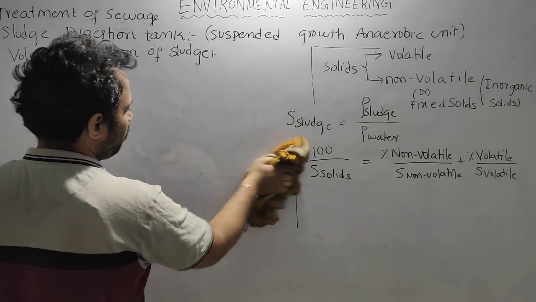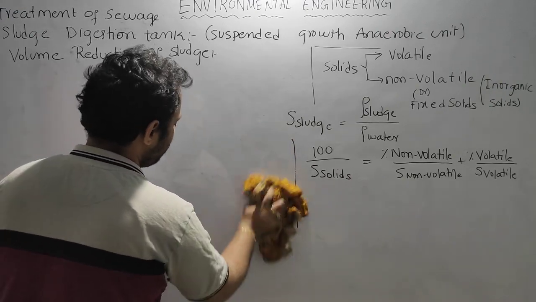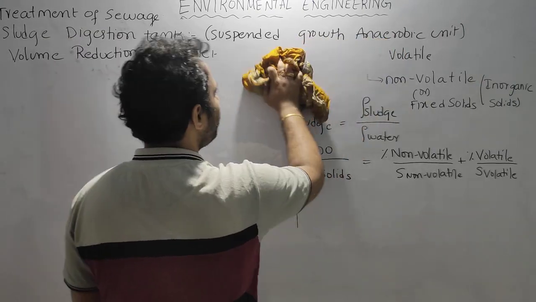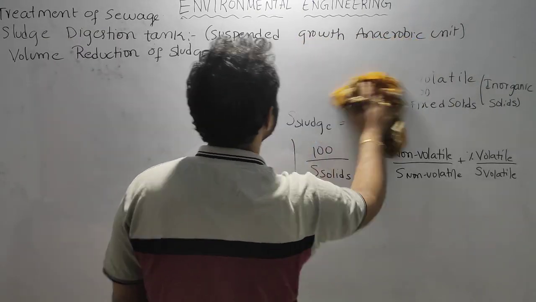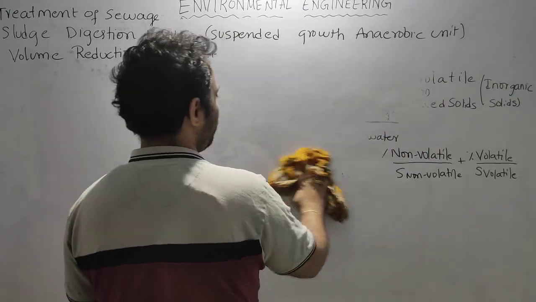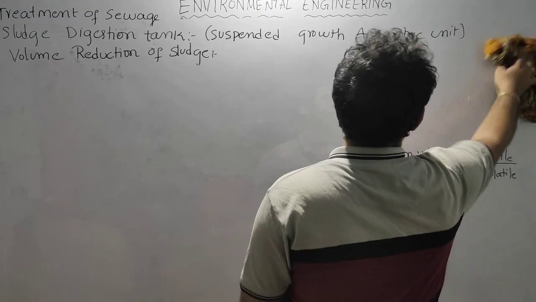After thickening, I will assume the moisture content is P2 and the volume of the sludge after thickening is V2. Okay, so let us now start our analysis.